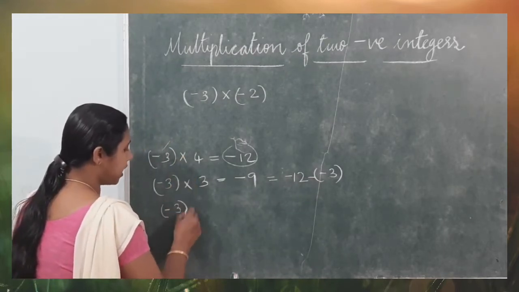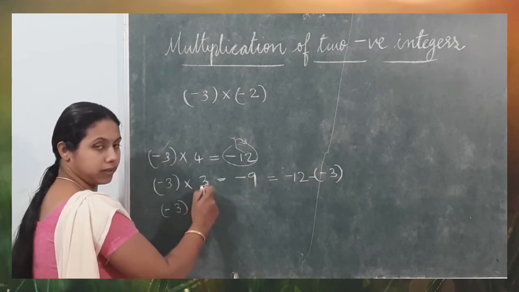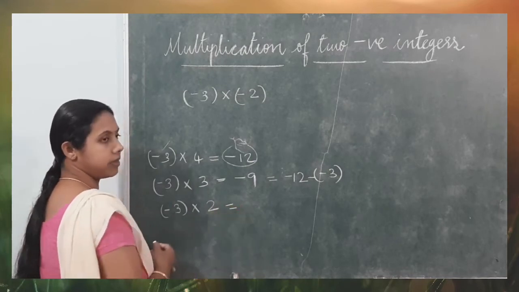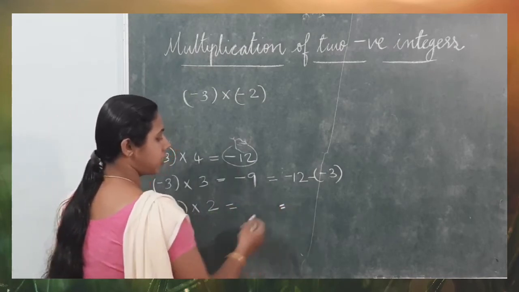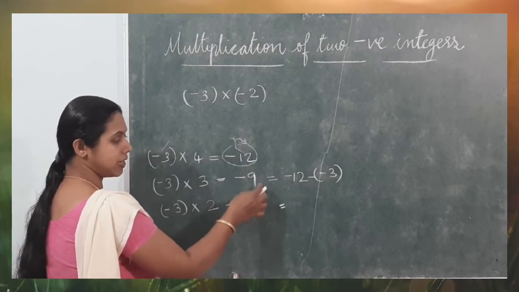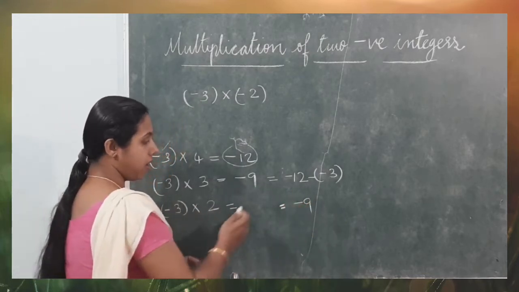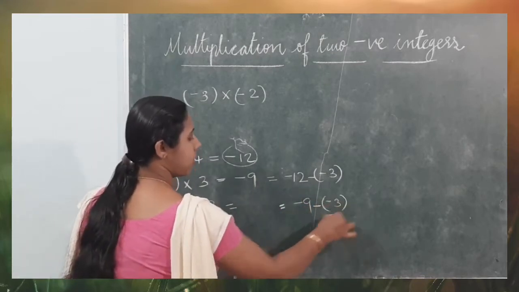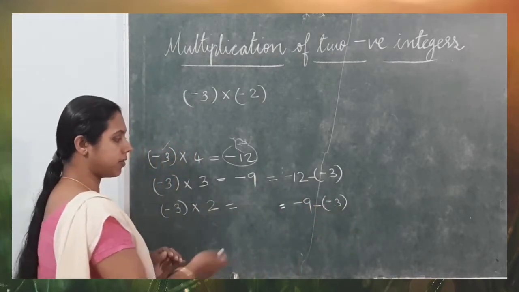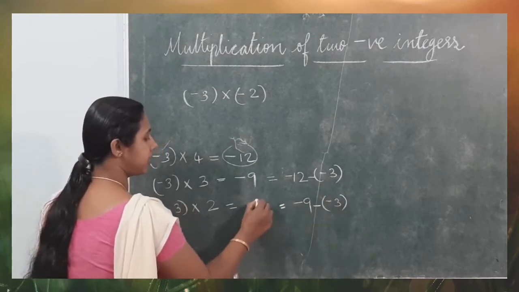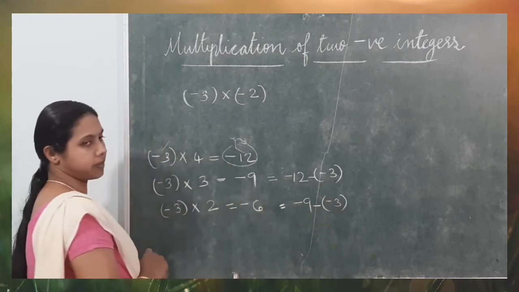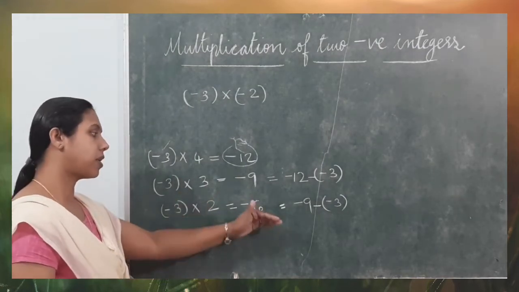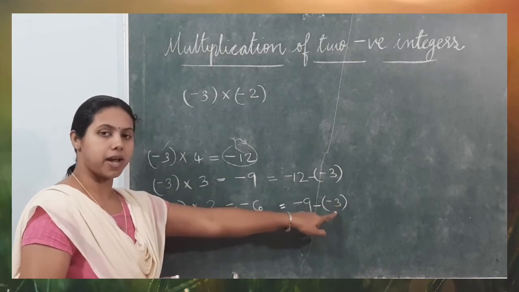See, minus 3 into 1 less than 3, that is 2. Minus 3 into 2, you can check, the product just before is minus 9, and subtract minus 3. Minus 9 minus minus 3, that is minus 9 plus 3, that is minus 6.